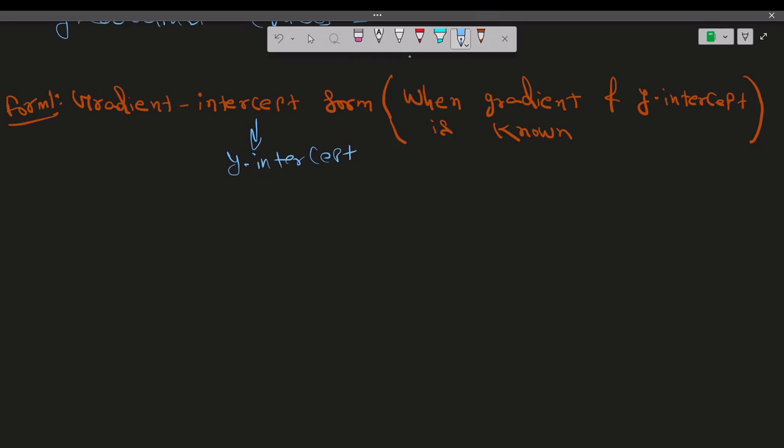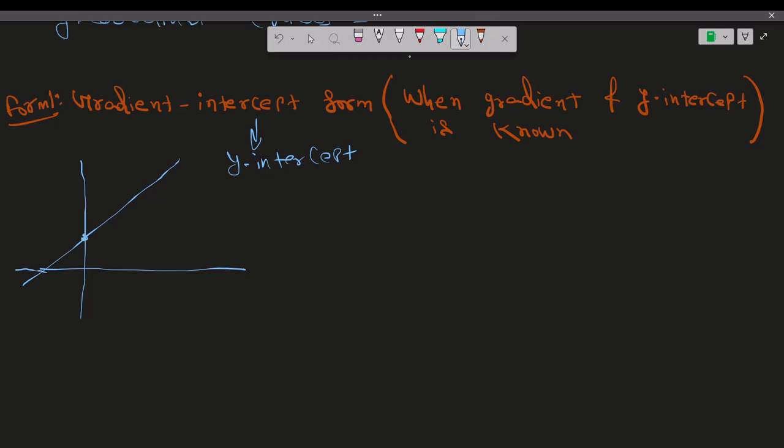Let us take a situation like this. So this is the line. Let us say this is a point where the line cuts the y-axis. I think the y-intercept is this one.